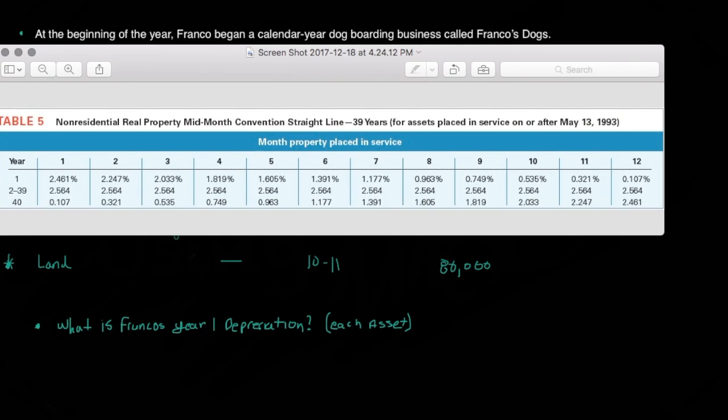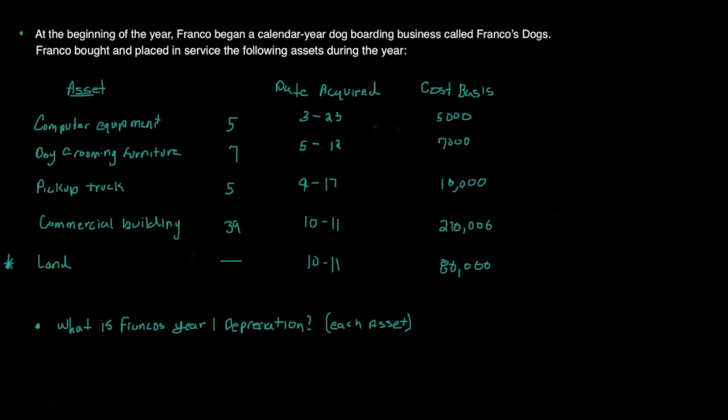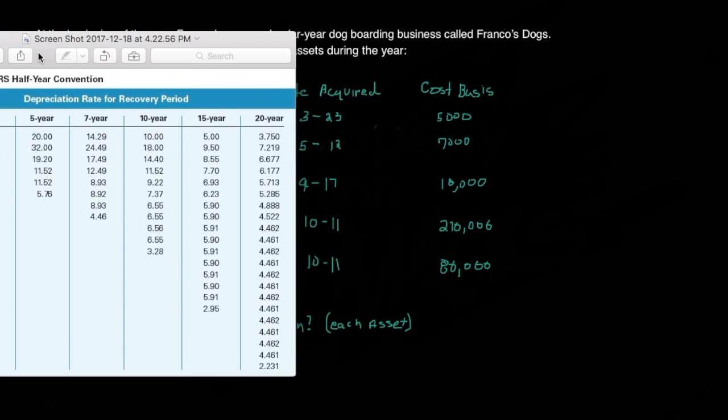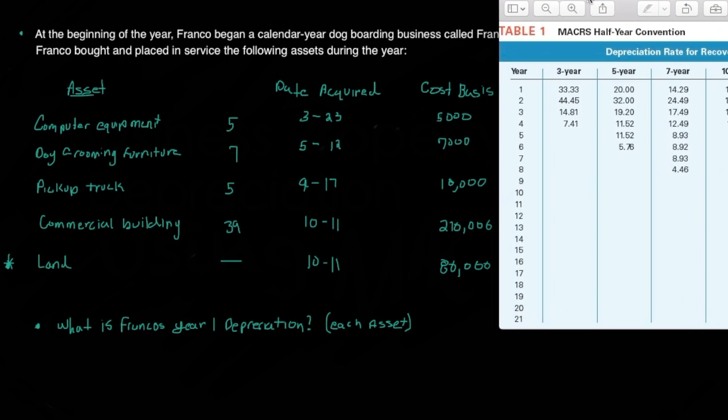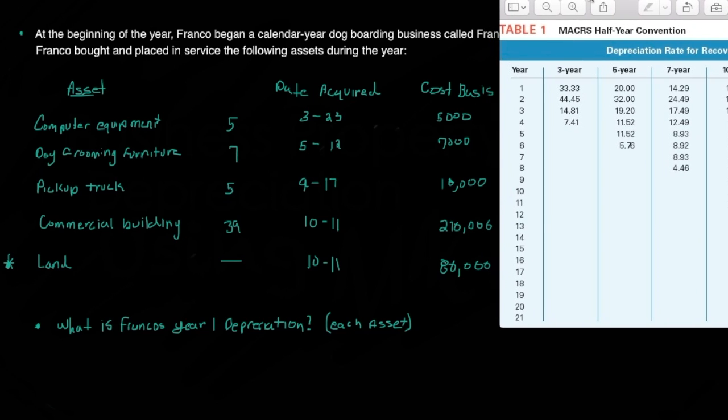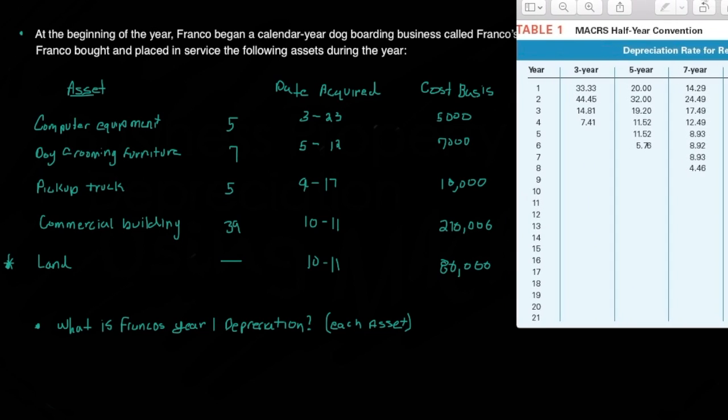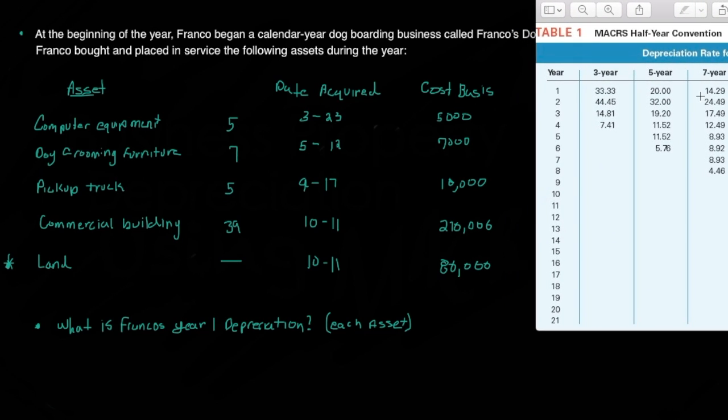We're actually going to use this one at the end, and here is the one we're going to start out with. We're not going to need to go past 10 years, so I'm going to move it over. We're just going to go to the 7 years. And this is only year one depreciation, so we're just going to stick with year one.